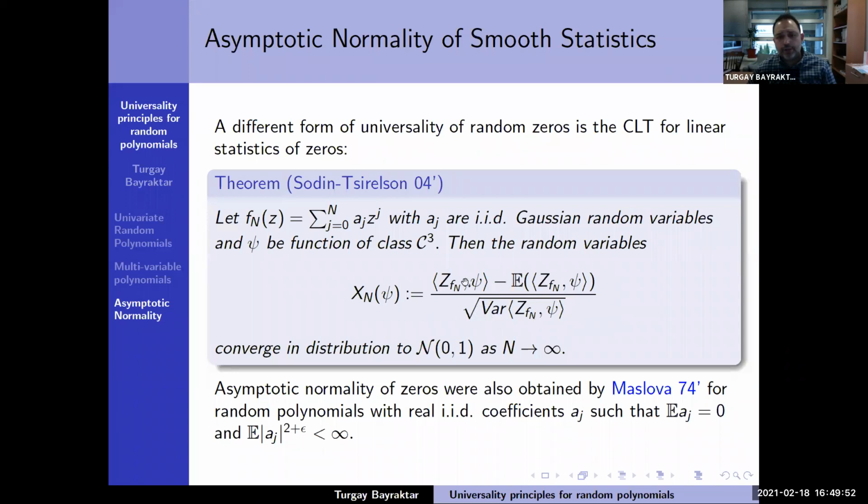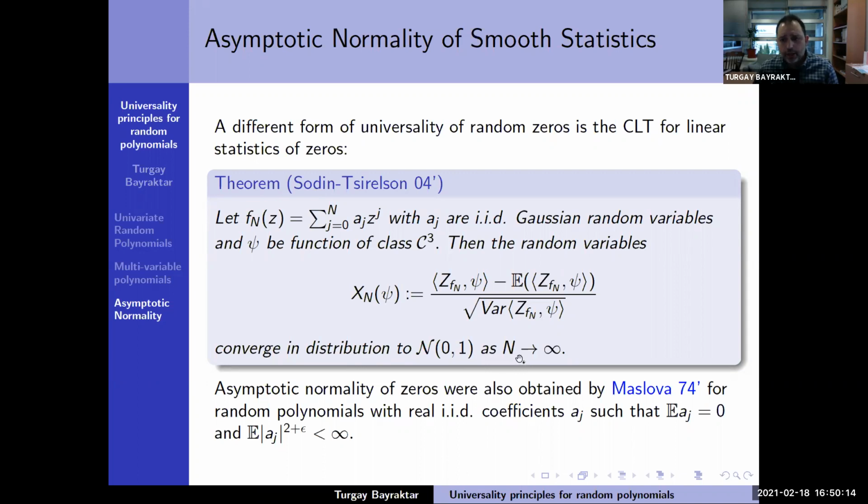This is very typical. Now this is a random variable with mean 0, and because of this, its variance is 1. What the theorem says, this goes back to Sodin and Tsirelson, is that this random variable converges in distribution to the standard Gaussian as n goes to infinity.